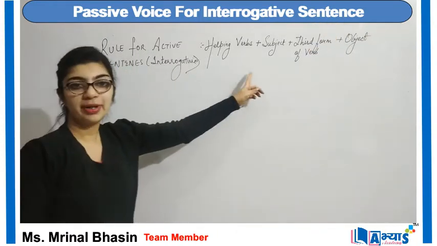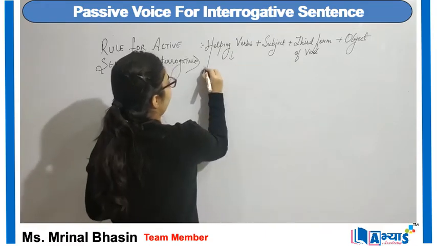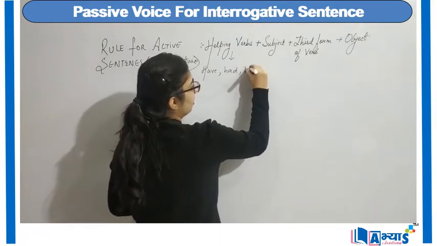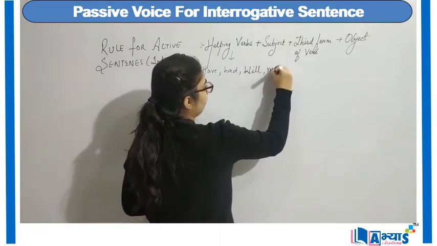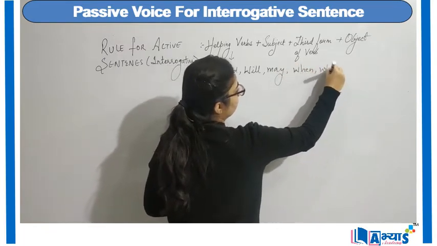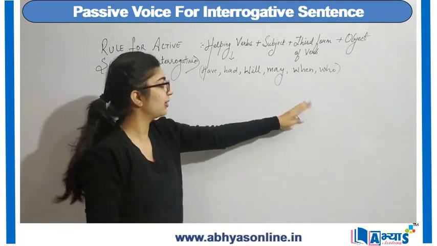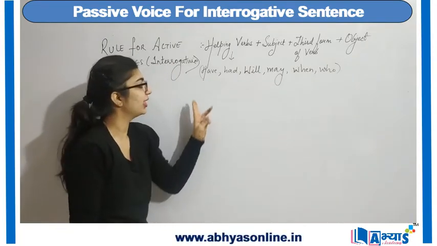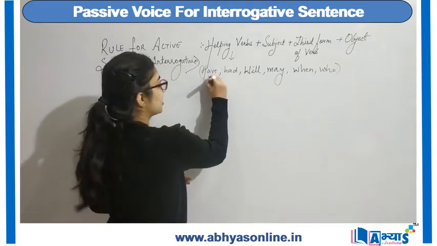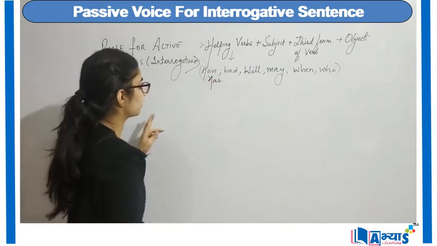Right? The examples of helping verbs can be have, had, will, may, when, who, etc. There are many more, but the basic ones are these: have, had, will, may, when, who, has. These are the examples of helping verbs.